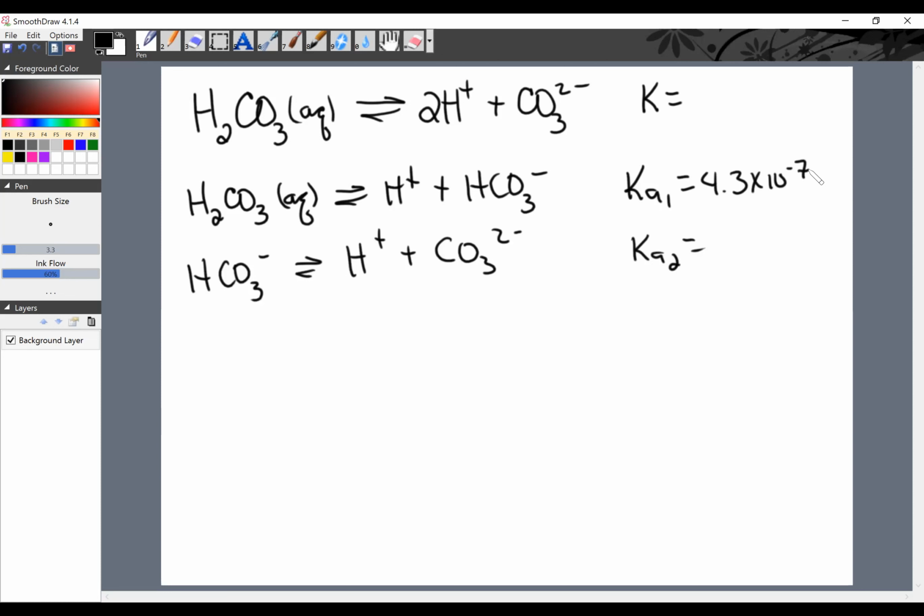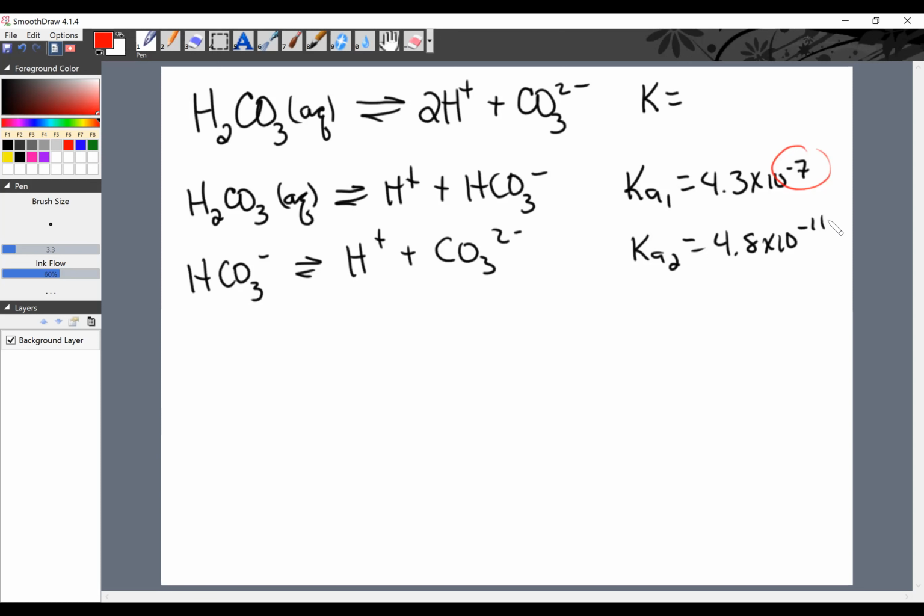And Ka2 is 4.8 times 10 to the minus 11th. Now, if you'll notice, this number is clear in the negative 7s. On that sulfurous acid, that was pretty strong for a weak acid. I know that sounds funny, but that was a pretty strong one. Here's more typical. Okay, so negative 7.